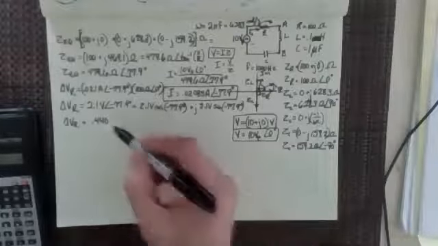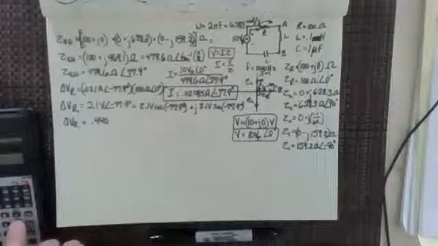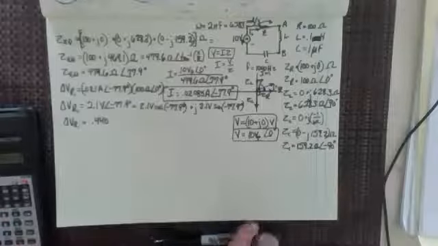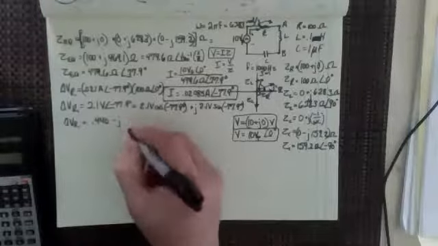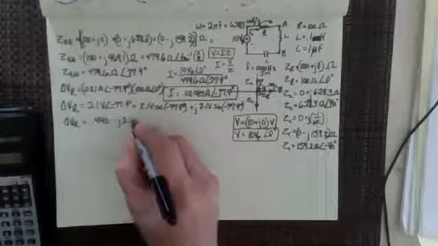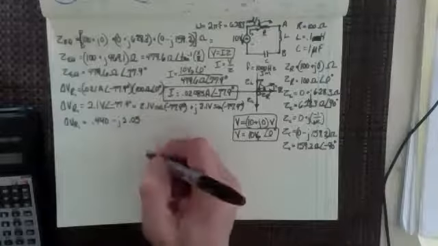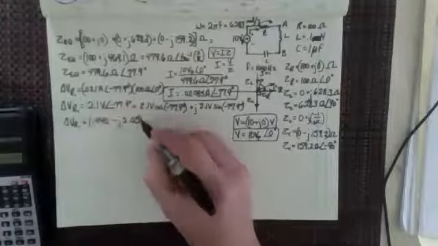That's what I'm going to call it. And so when I multiply that by 2.1, I get minus, I'm going to put the J there as my placeholder, minus 2.05. So there's our voltage drop, right? And of course, that's volts.